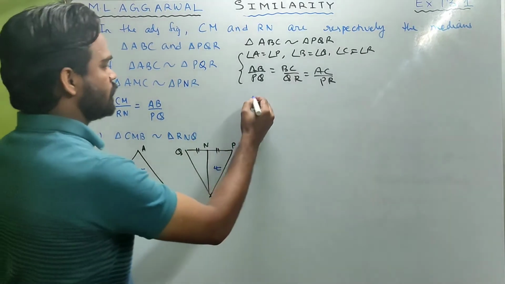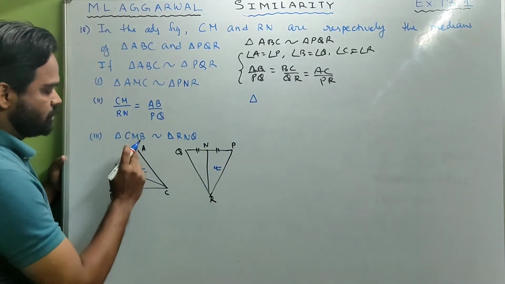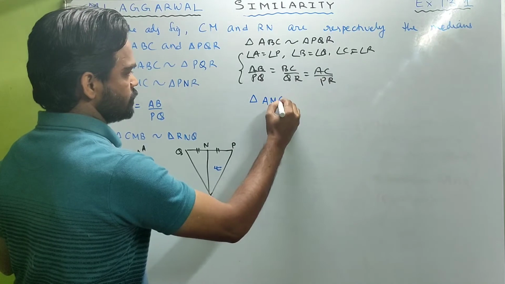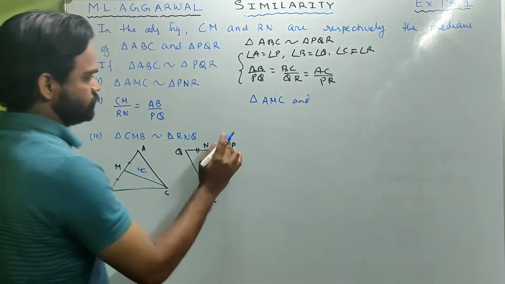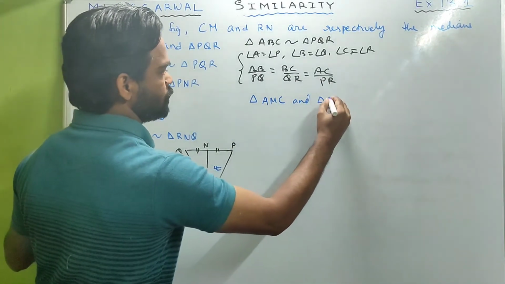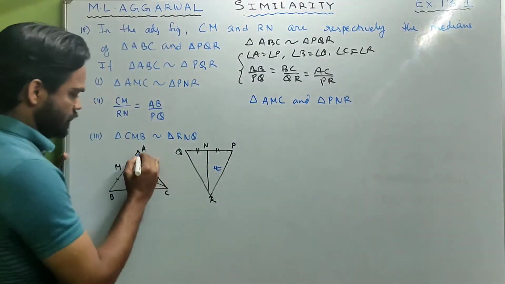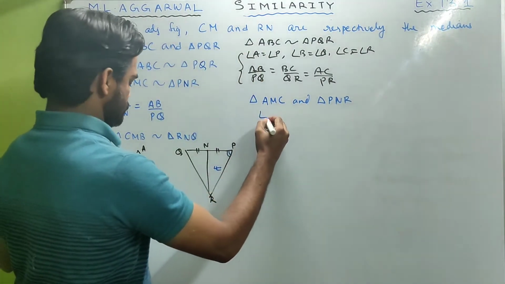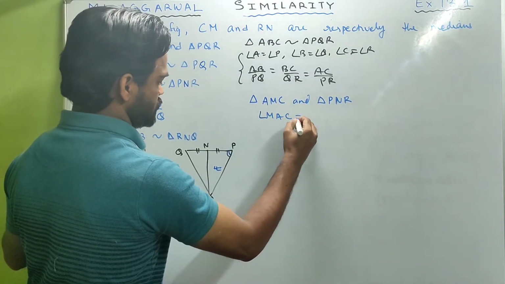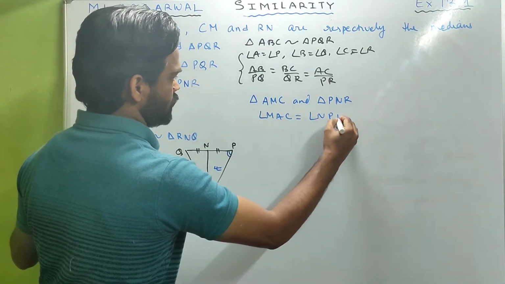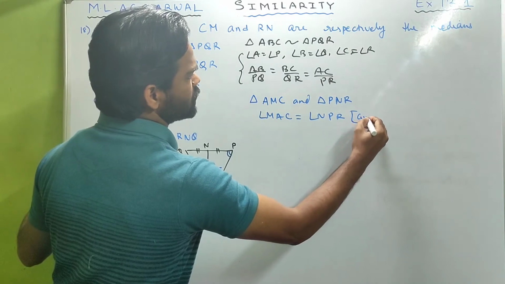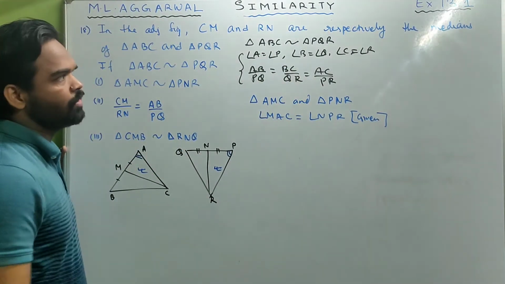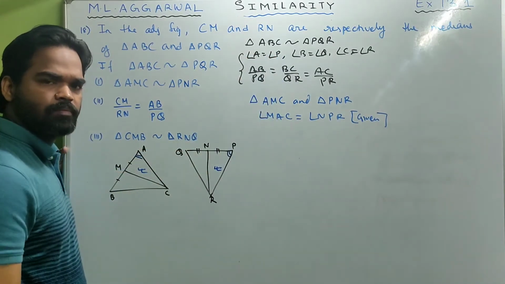Very easy. In triangle AMC and triangle PNR, just look, this angle and this angle are equal. We know it. Angle MAC is equal to NPR. That was given. Why? Because triangle ABC is similar to triangle PQR. So angle A and angle P are equal.